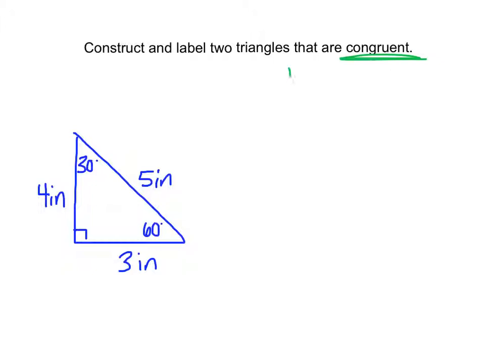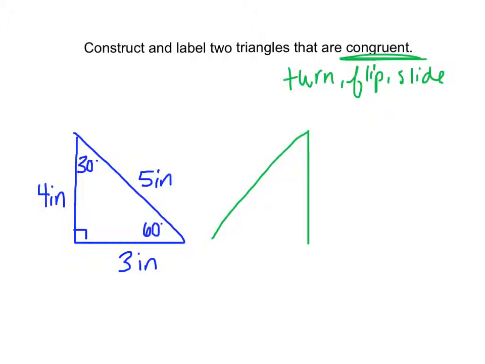If we were going to make a congruent triangle to the one I have right here, remember we can do either a turn, a flip, or a slide to it, or a combination of any of them. I'm going to maybe flip and turn, or if you just turn it, that works too. I could flip it so it would look like this. Now my right triangle would be here.